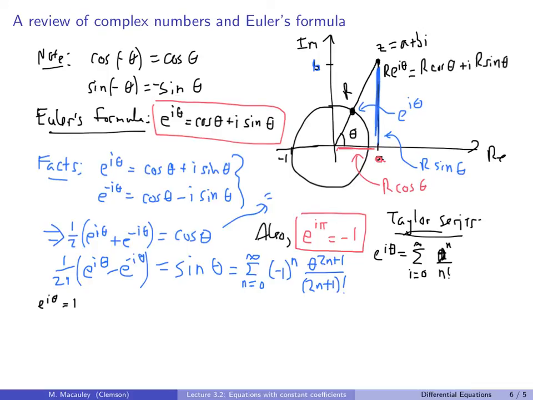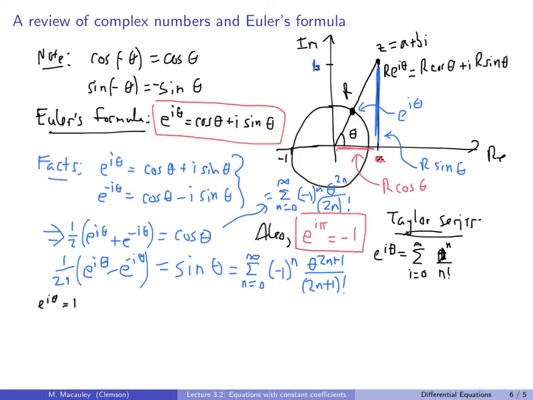So this is the sum from n equals 0 to infinity of (-1) to the n times theta to the 2n over 2n factorial. If you're like me, I don't really like these closed formulas very well. I like to just write out the first 8 terms.